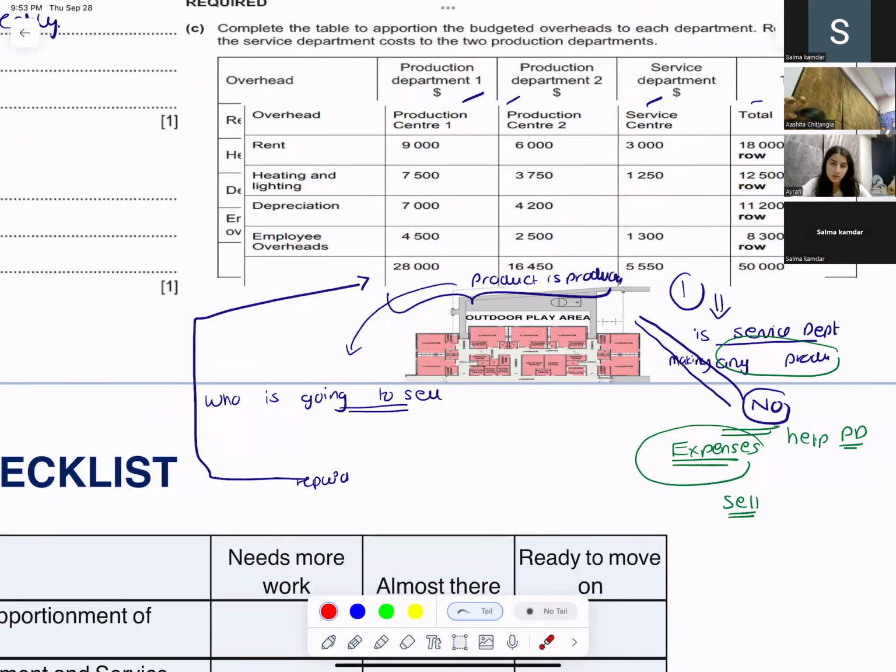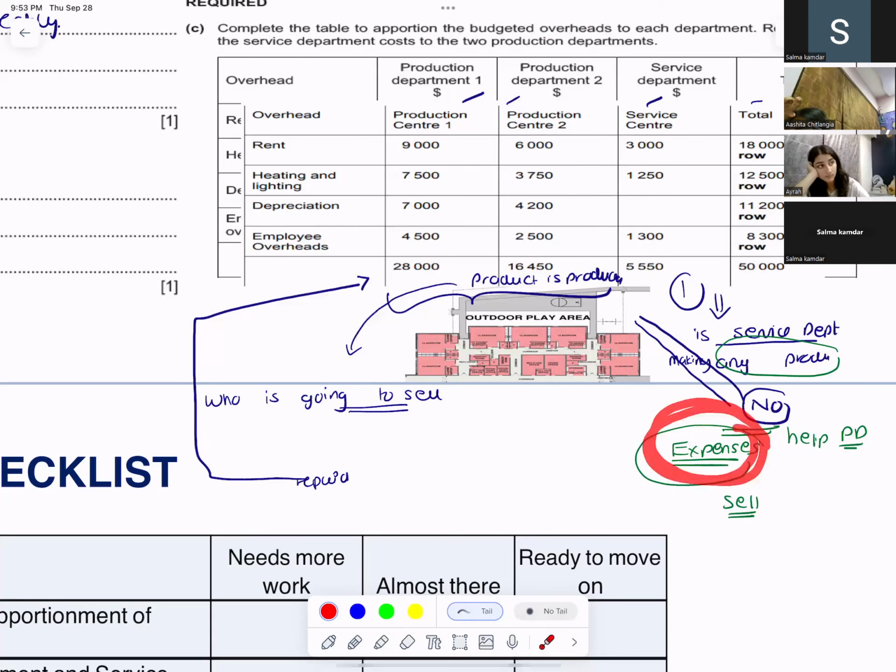But the service department is only helping the production department, and they don't have any product which they can sell. Service department does have some expenses that they are incurring.